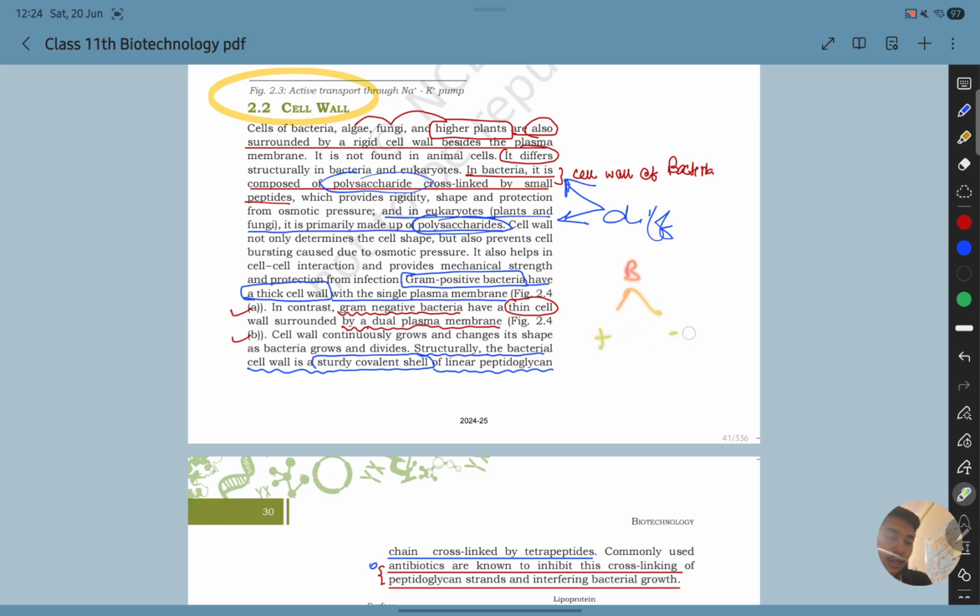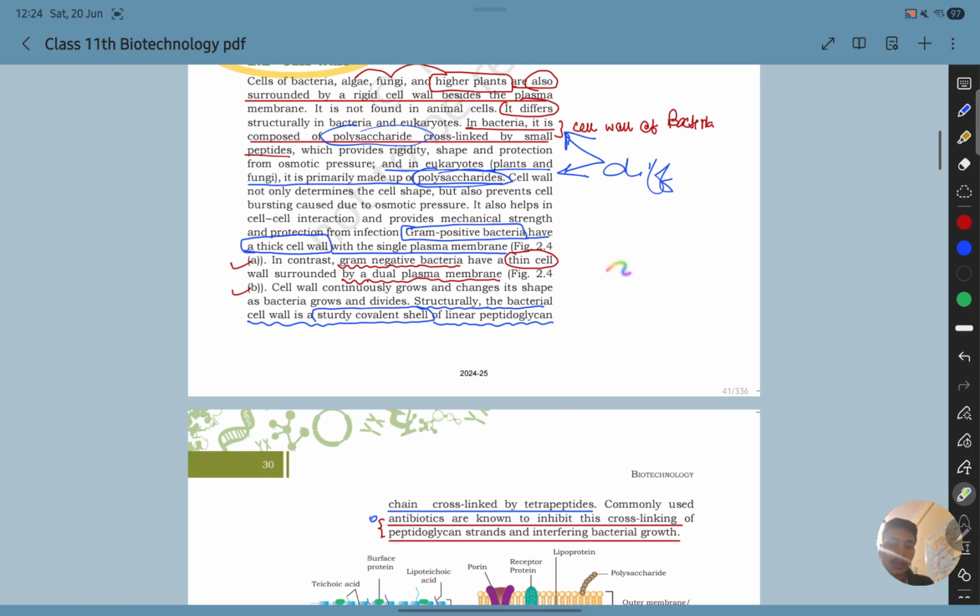Now there are two types of bacteria, gram positive and gram negative bacteria. It's a very simple difference. Positive means thick, negative means thin. And there are only two points to remember.